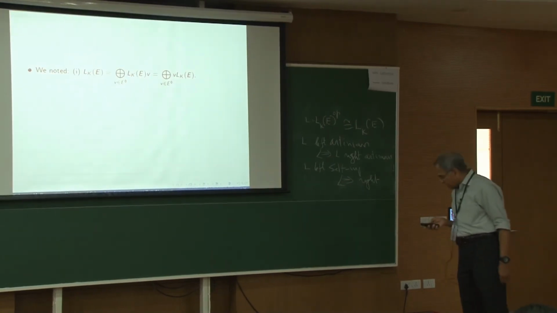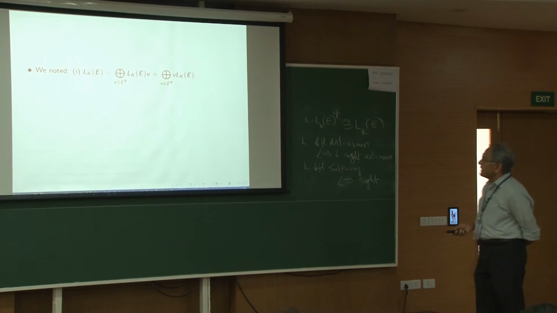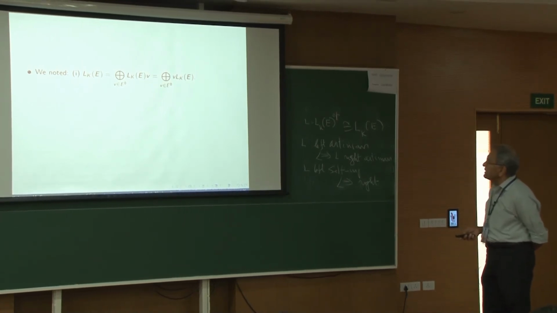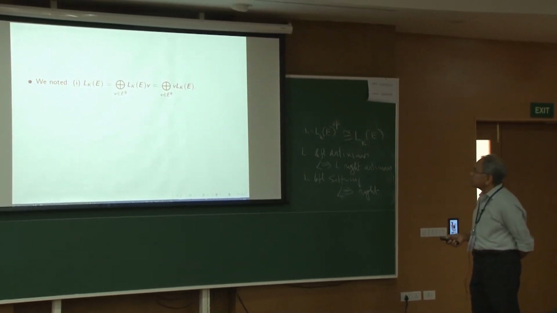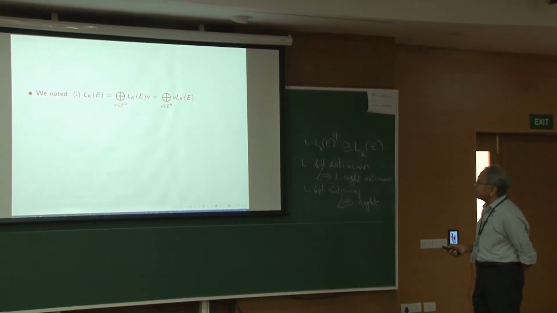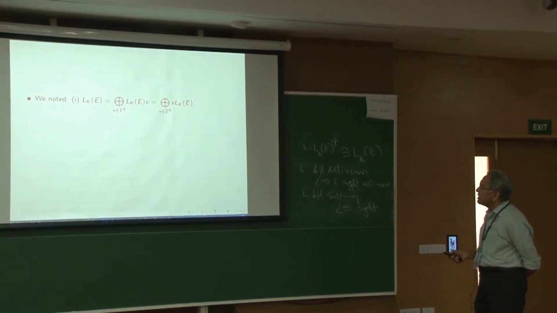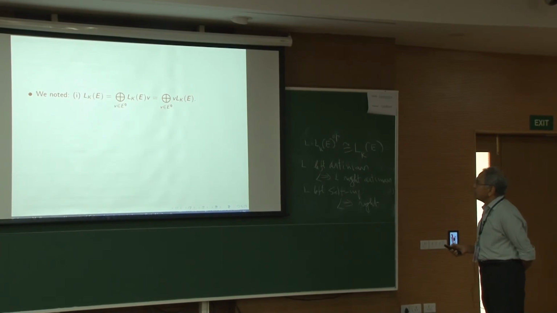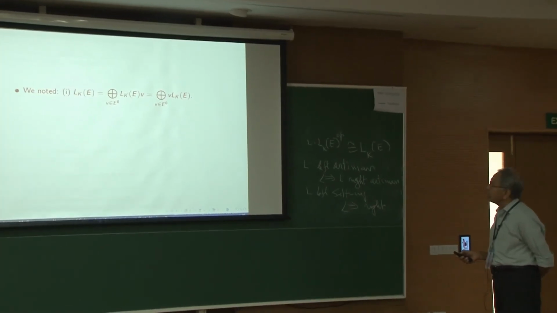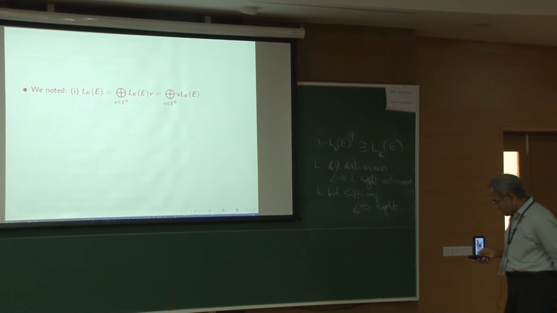We also noted that the Leavitt path algebra L_K(E) decomposes as a direct sum of the left ideals generated by the vertices, and also as a direct sum of the right ideals generated by the various vertices.